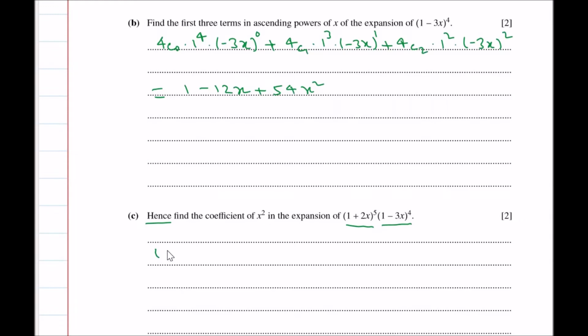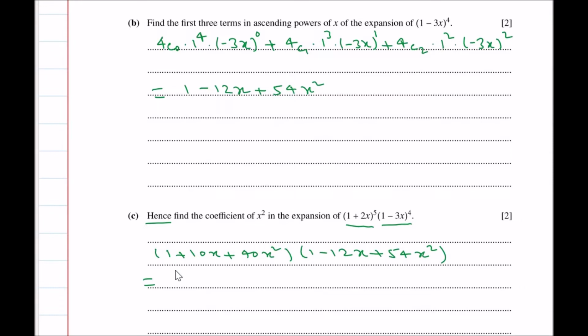1 plus 10x plus 40x square into 1 minus 12x plus 54x square. Now we have to find the coefficient of x square, means we have to find terms in x square.